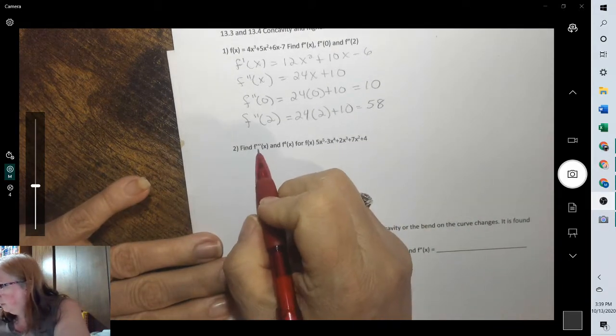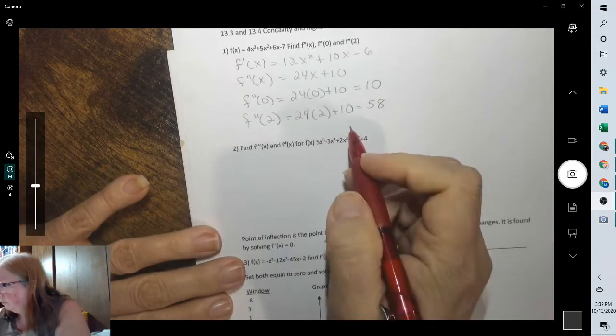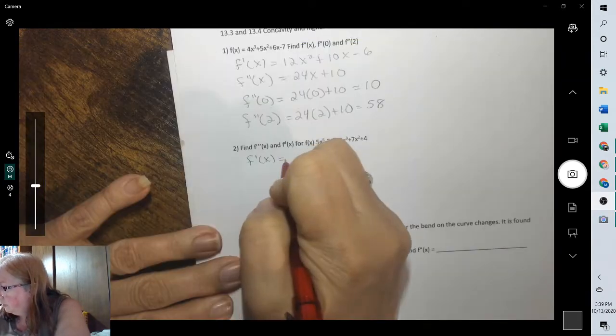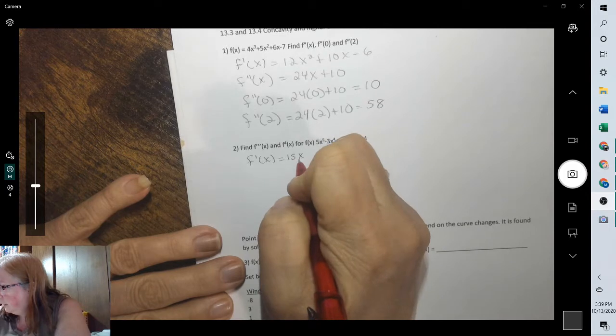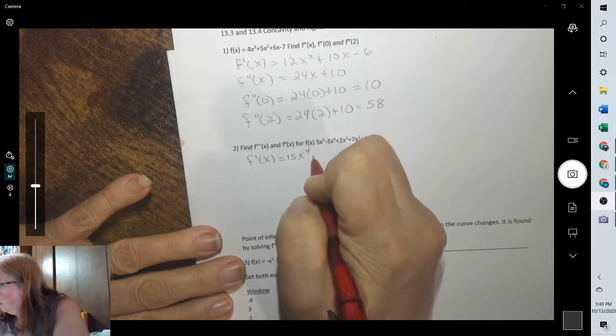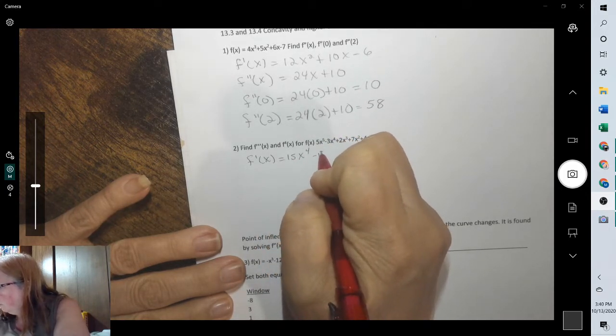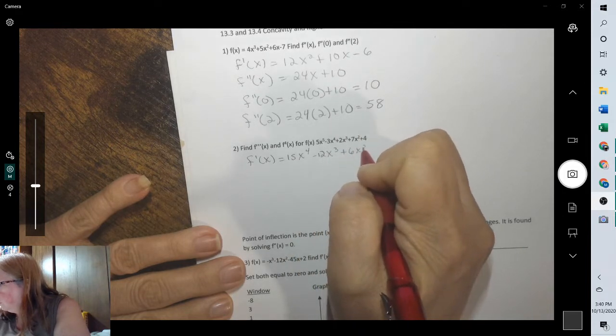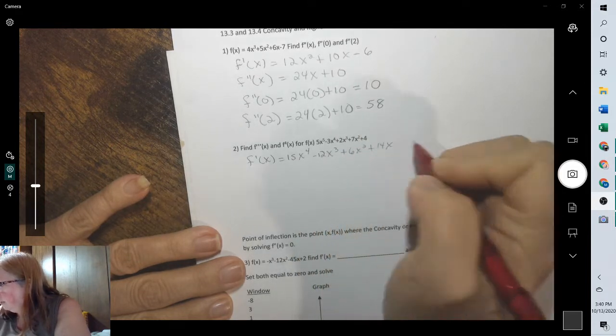This one is saying the third and the fourth derivative. So if this is our function, the first derivative is 15x to the fourth minus 12x cubed plus 6x squared plus 14x.